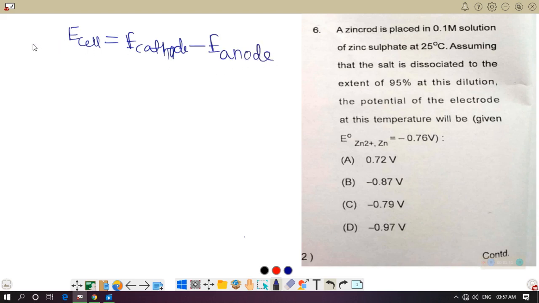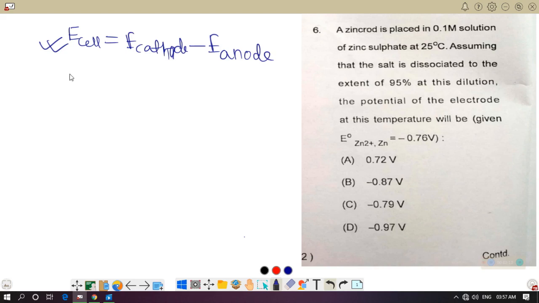We use this when a full cell reaction is given. Since in this question only a half cell is given, this is a zinc electrode only, we must apply the Nernst equation, then only we find the answer.